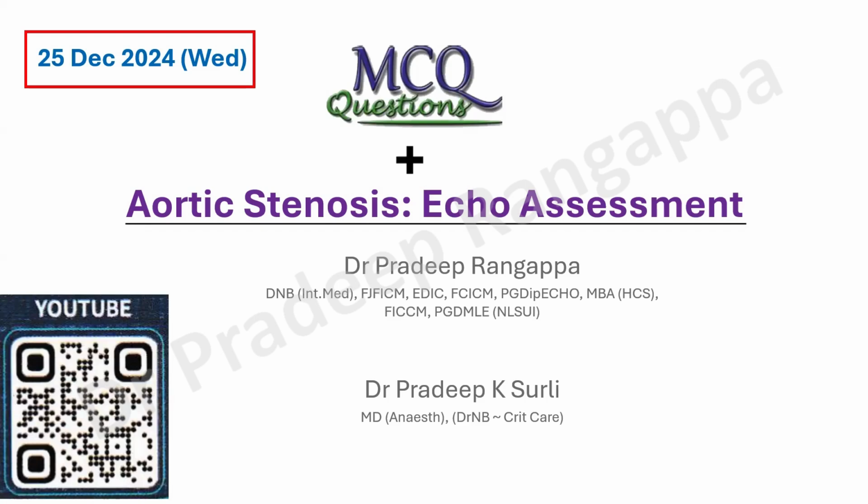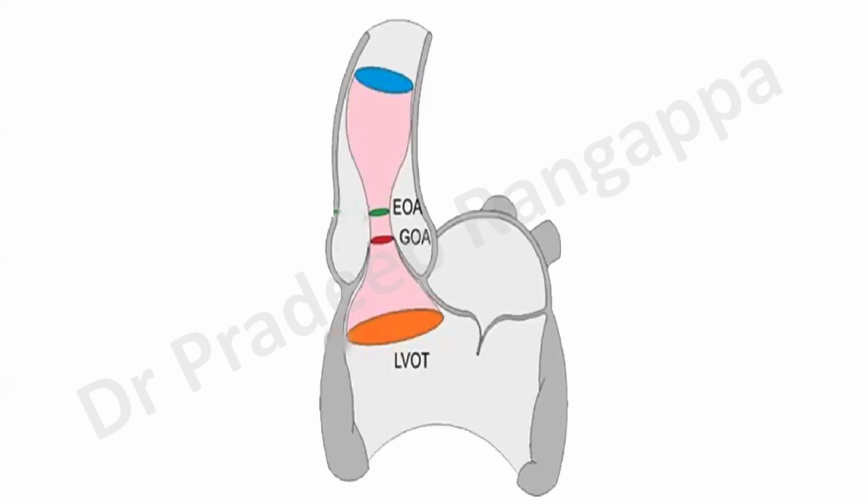Okay, so we'll look into the key aspects that an intensivist should know while assessing aortic stenosis in echocardiogram. Just keep this picture in mind. When you saw the last video, I showed you how we look at it from echocardiogram. Once doing echo, be aware there is something called the LVOT. This is the left ventricle and there is a left ventricular outflow tract.